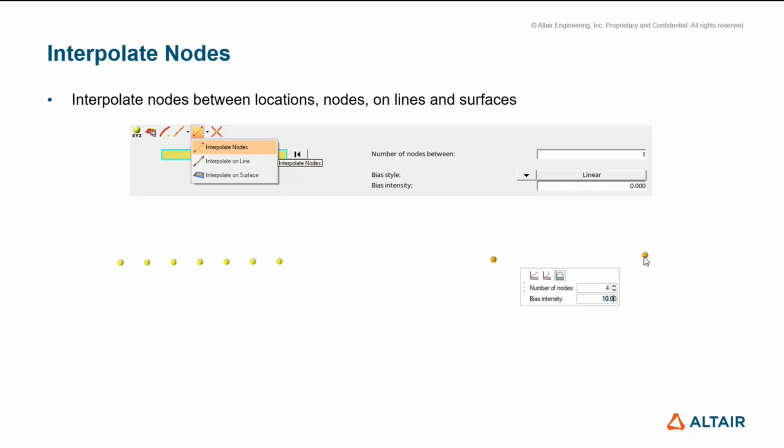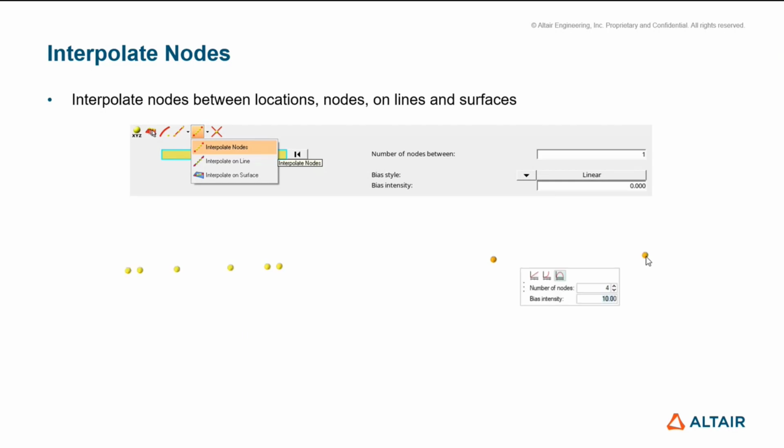The other functionality from the nodes panel is interpolation of the nodes between the nodes, the lines and surfaces. Here you can see that on the left we have also a location selector that we added in addition to the node. So if you don't have existing nodes, you can use a location selector, and all the biasing styles and the intensity have been added as a micro dialog option.